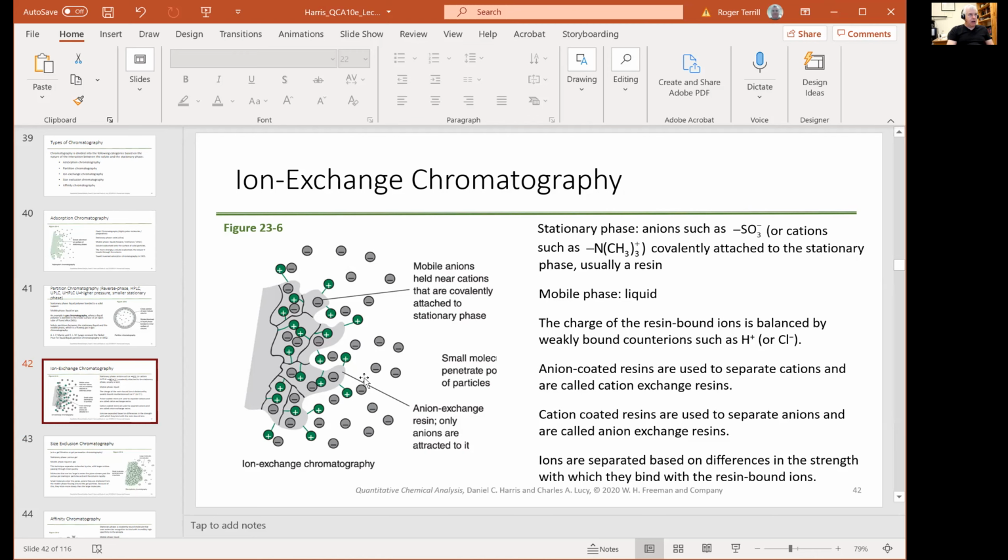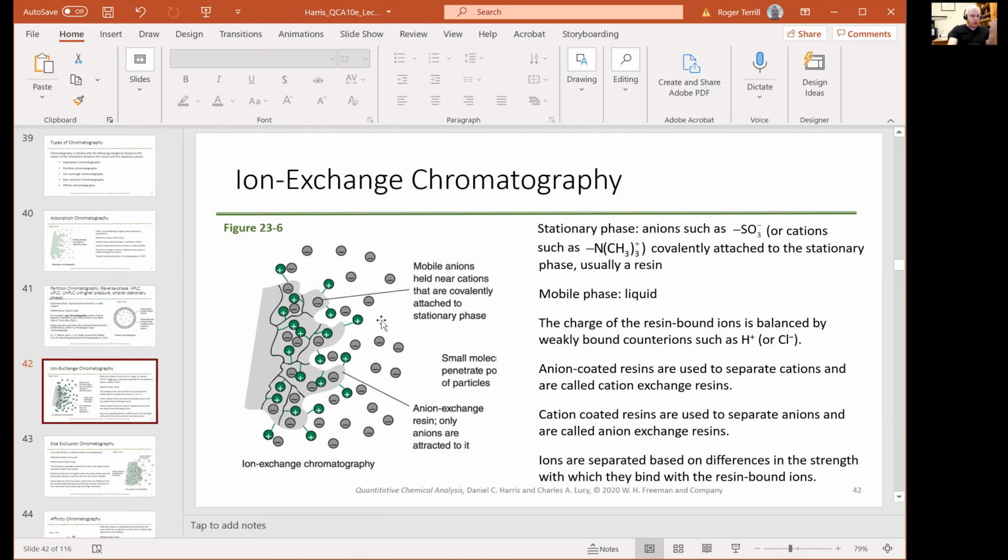Because in an ion exchange chromatography setup, there will always be a buffer of cations and anions running through the column. The anions that are in the majority in the mobile phase will be competing for these cationic sites, these quaternary ammonium sites.